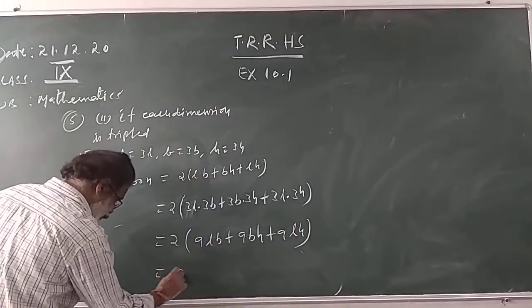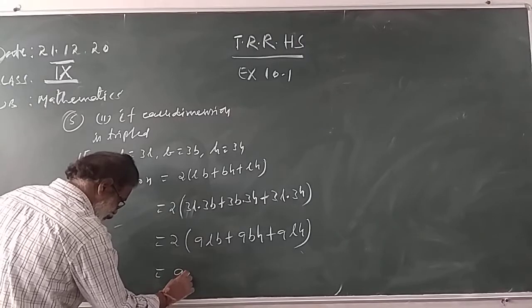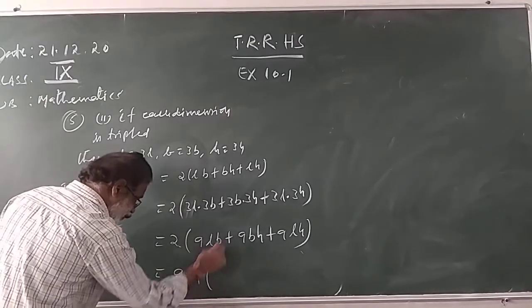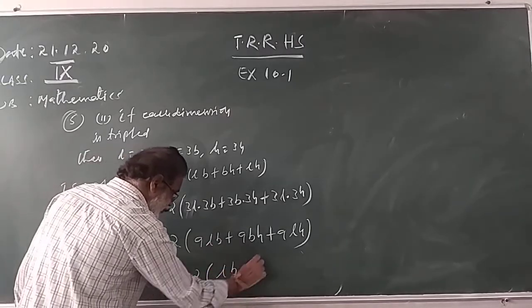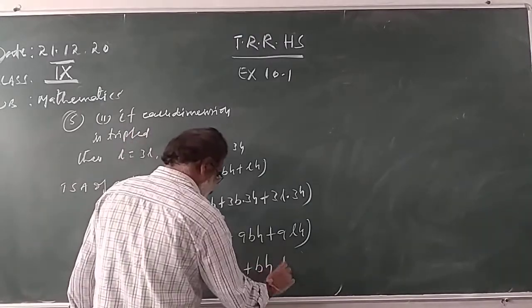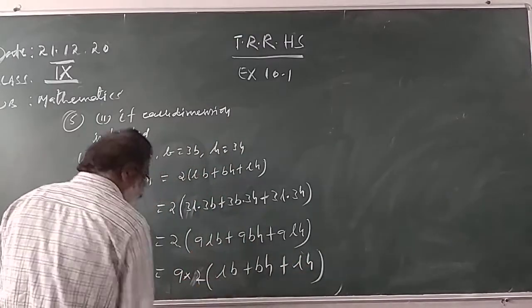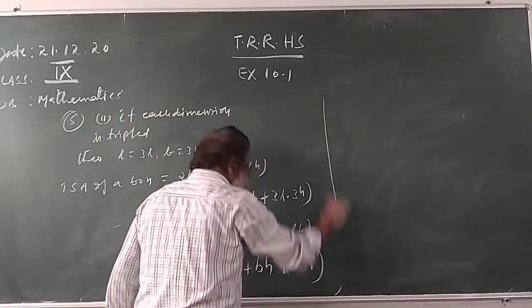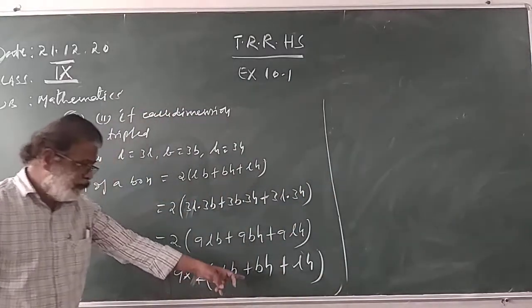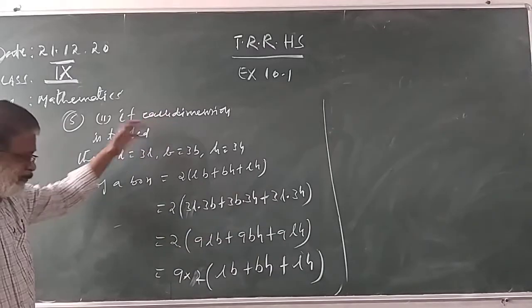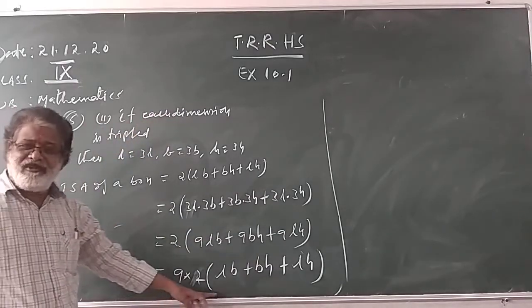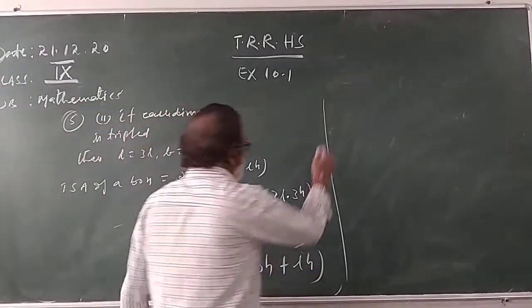You take 9 common, 9 into 2 into LB plus BH plus LH. The original TSA is 2 into LB plus BH plus LH. When each dimension is tripled, it is 9 times the original TSA.